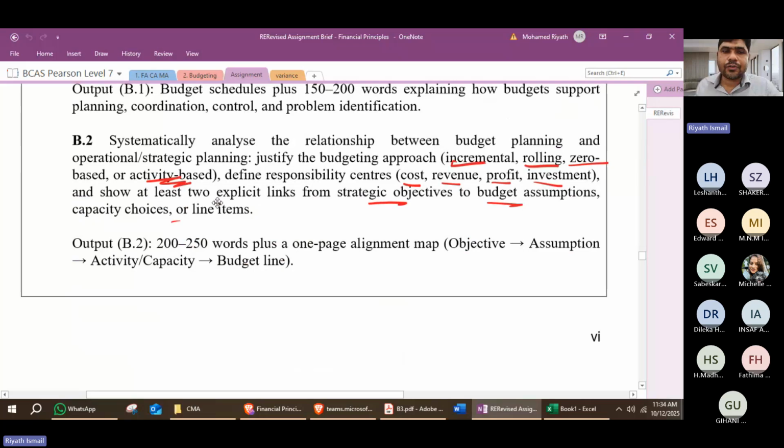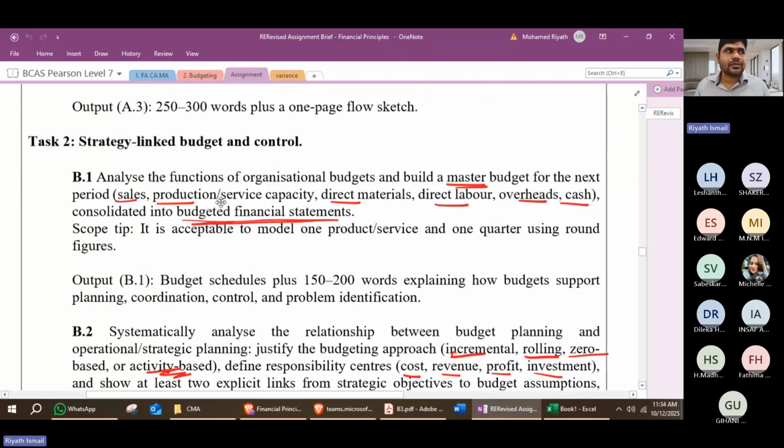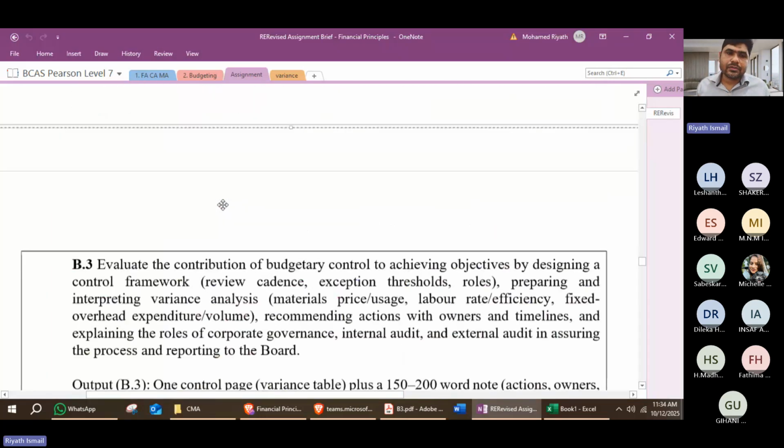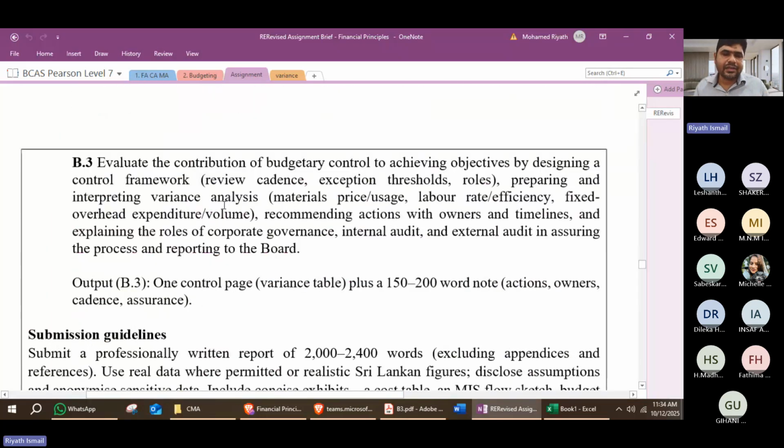For budgeting, we can use a different scenario and prepare a different budget. For variance analysis, we can take different values, different text. You don't want to use the budgeted values in variance analysis. No need. But the context should be one organization.